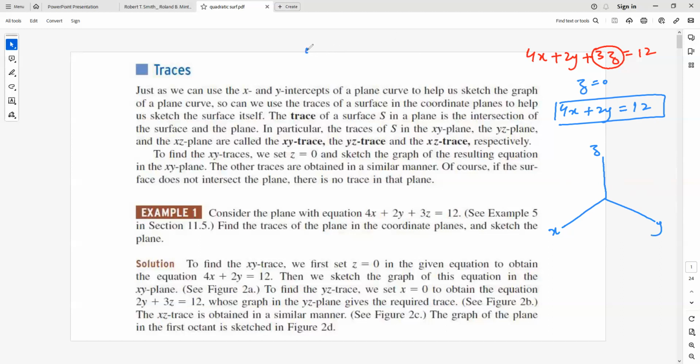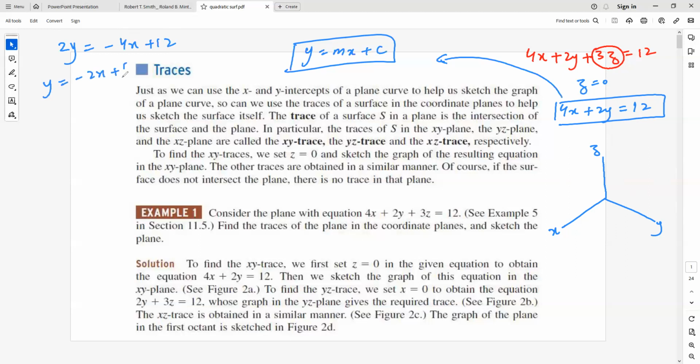So we can compare it with y equals mx plus c, where c is the y-intercept. First of all, we need to convert this equation into standard form by simply manipulating the variables. So it is y equals negative 2x plus 6.